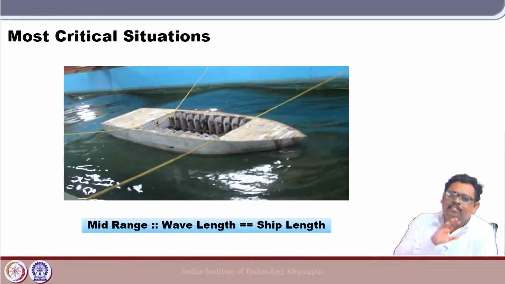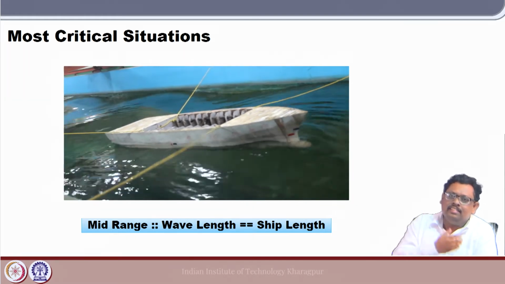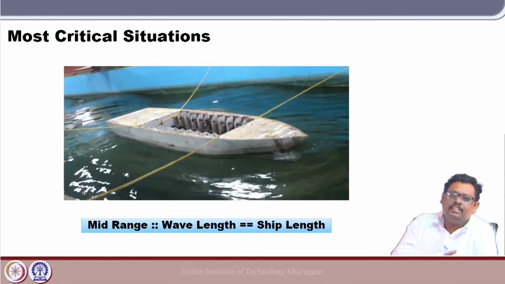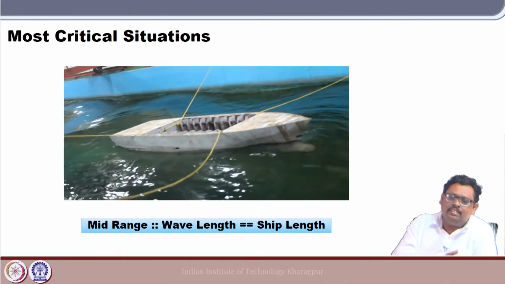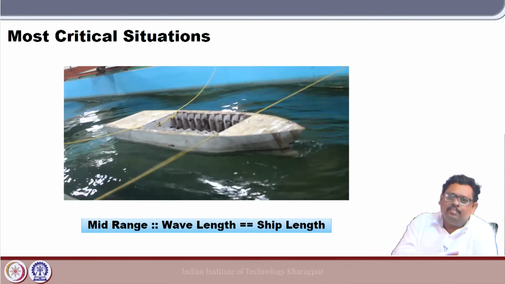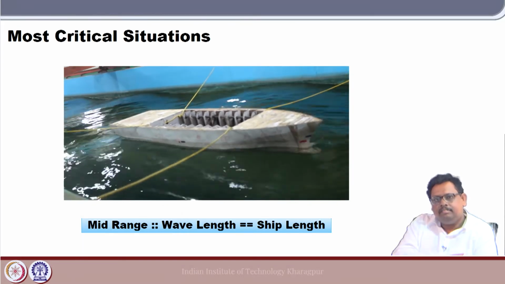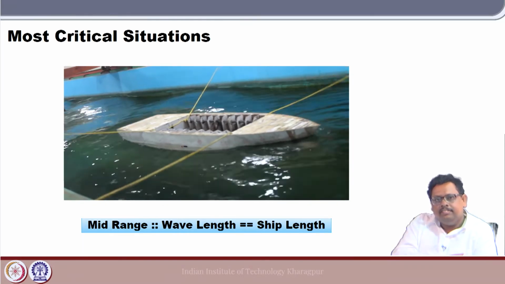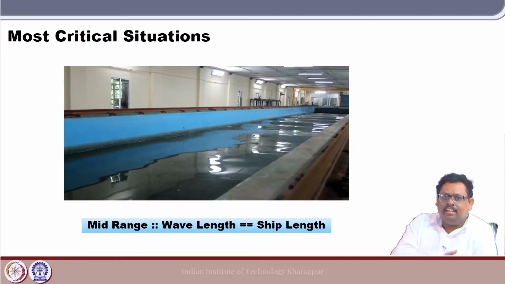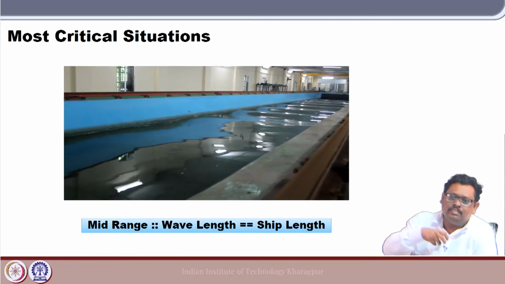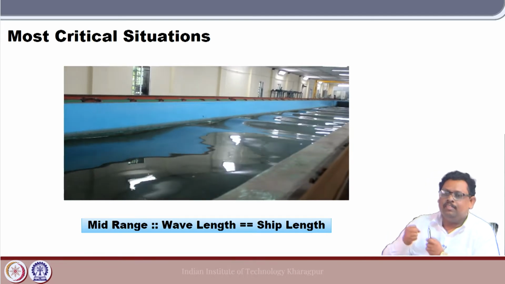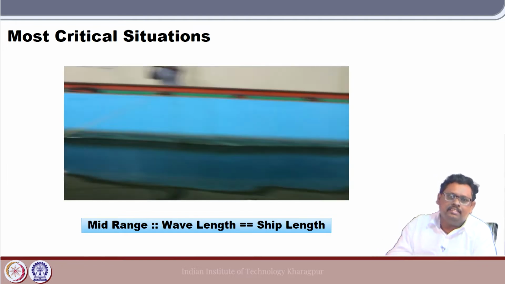Here everything is very critical. There is no slamming, and no green water at all, but it is at least on the verge of that situation. You can see the rope also now has a lot of stress.